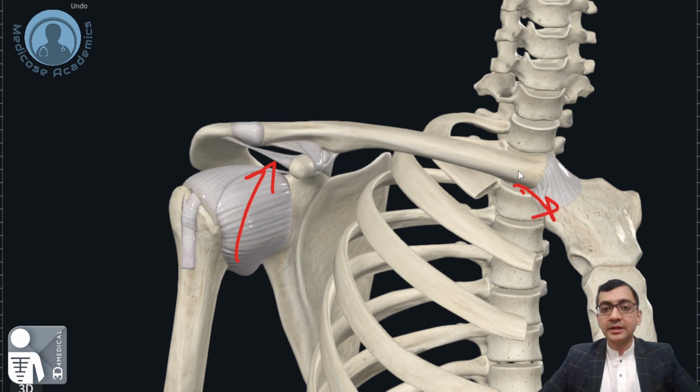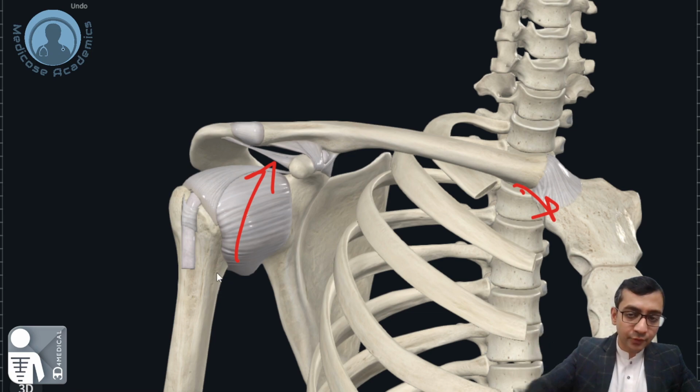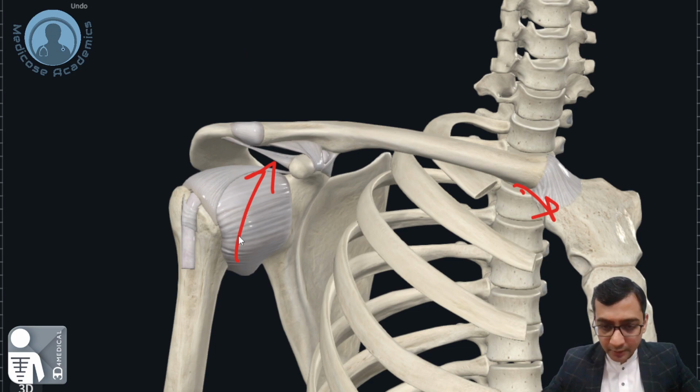The point I'm trying to make is these ligaments are so strong that if an excessive force is transmitted up your upper limb, like if you fall face forward and try to catch your fall by hand, and this force is too much for your bones to bear, it usually causes a fracture in the middle of the clavicle.